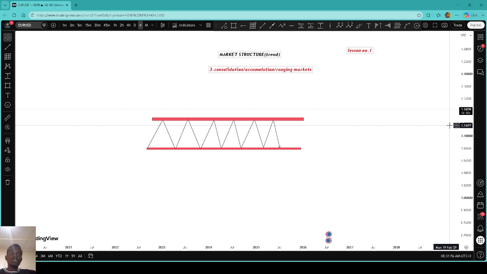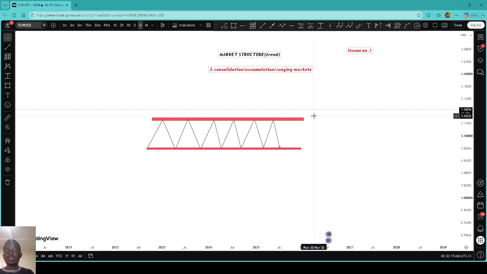Price just moves in between 1.1400 and 1.0600. Are we together? So price moves in between that area. Now that is what we call a ranging market, a consolidating market, or an accumulating market.